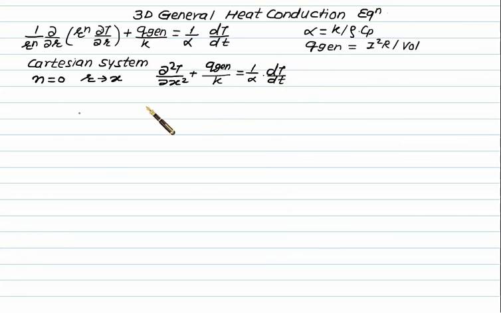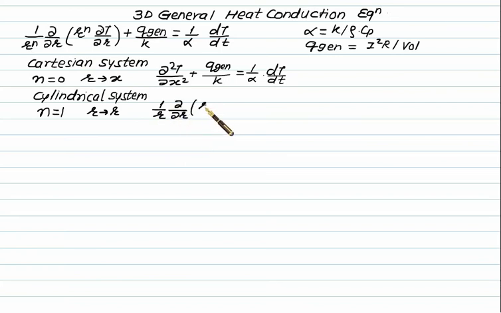In the case of the cylindrical system, you have to put n equal to 1, R will be as it is, no change for this. In that case it will become 1 by R del by del R of R into del T by del R plus Q generation divided by K equal to 1 by alpha into dT by dt.